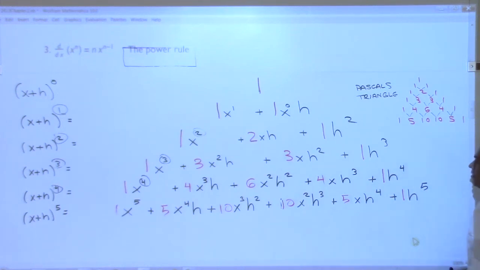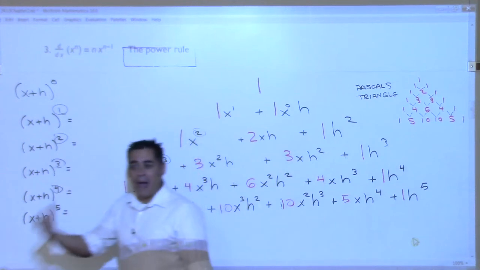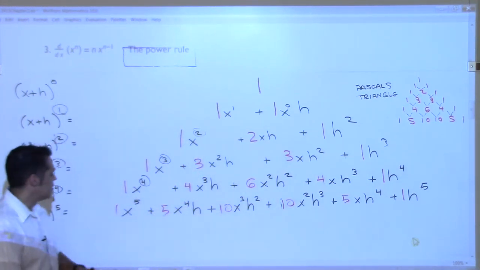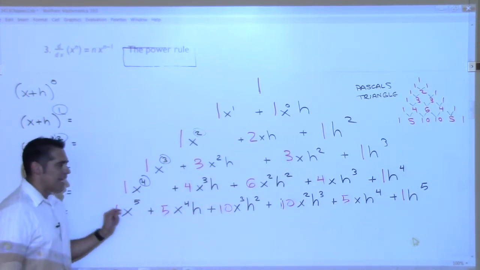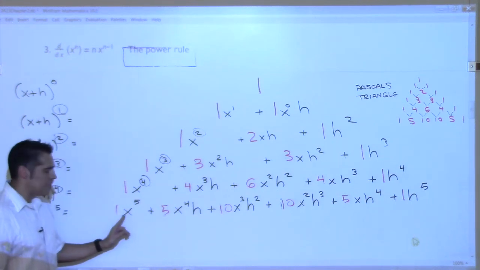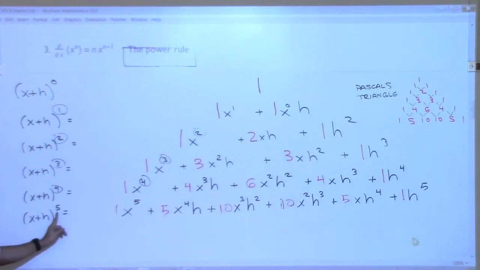So this is the pattern that gives us our coefficients. But what about the powers on the variables? There's a pattern in the powers. Let's look at this last row because I think it'll be the easiest to see. Forget the numbers. Forget the red. Just look at the x's. We start out with x to the 5th, right? Which is this.